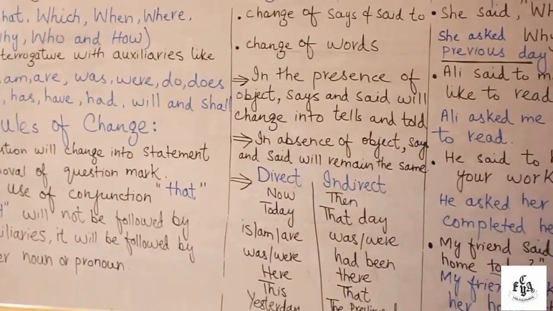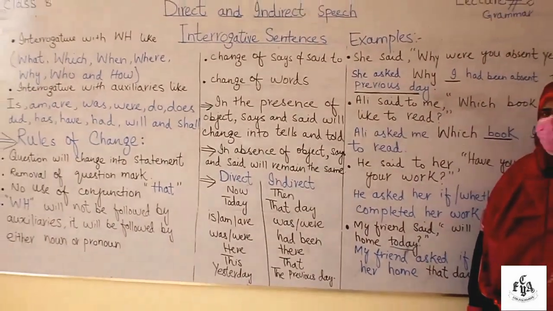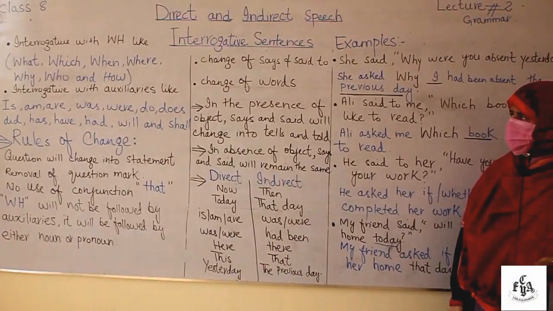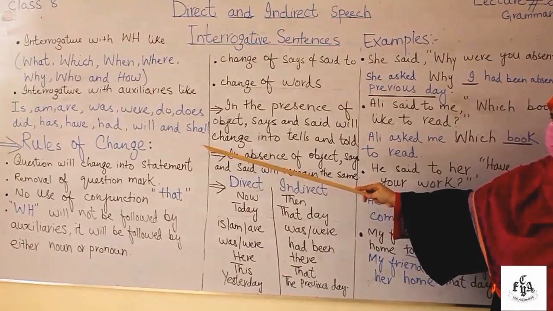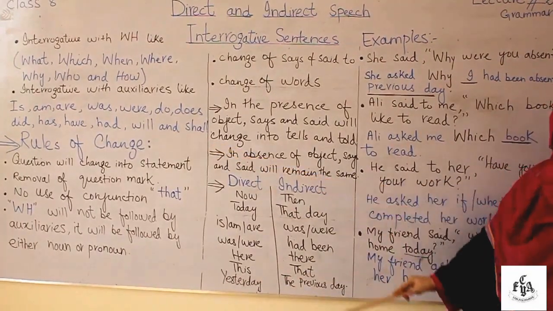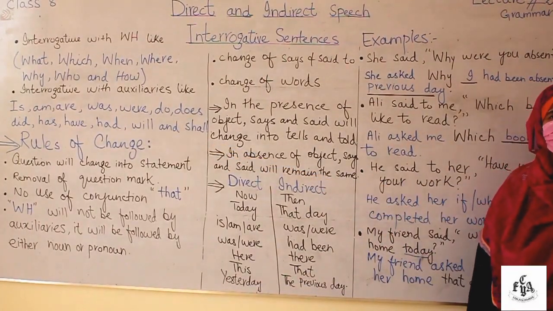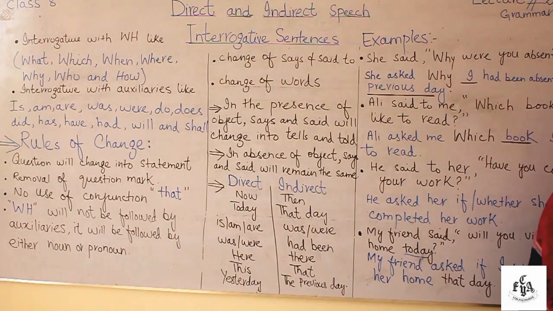Auxiliaries are like is, am, are, was, were, do, does, did, has, have, had, will and shall. When we start a question with all these auxiliaries, we call it interrogative with auxiliaries.